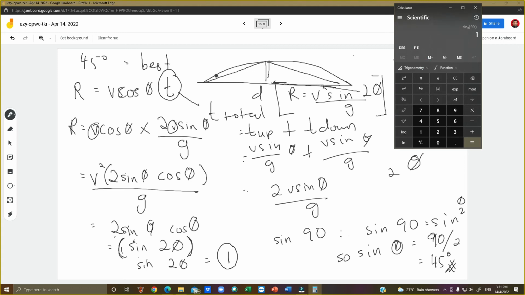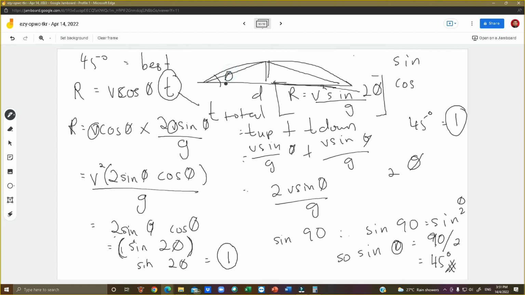Means that if you have 45 degree as the angle here, you are going to get the most range if you are able to control the velocity. So, lagi laju initial velocity sini, lagi jauh dia boleh pergi. This is how you prove the best angle for projection where the projection height is equal is 45 degree.